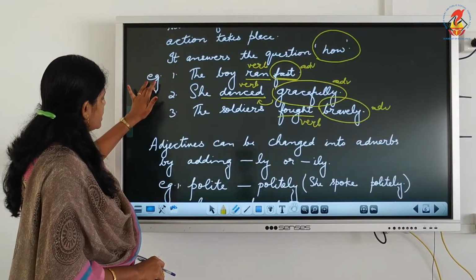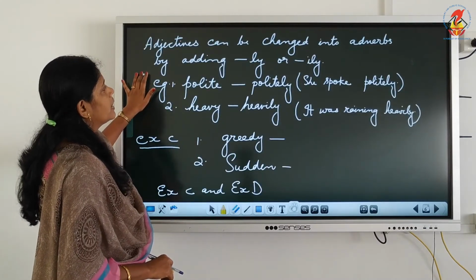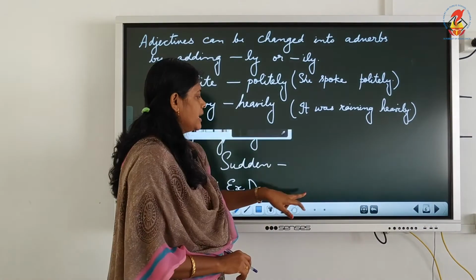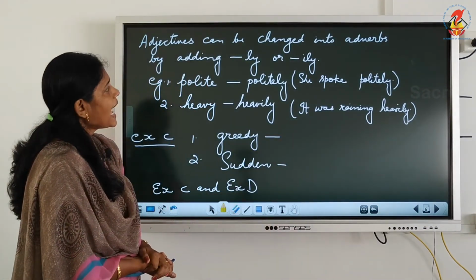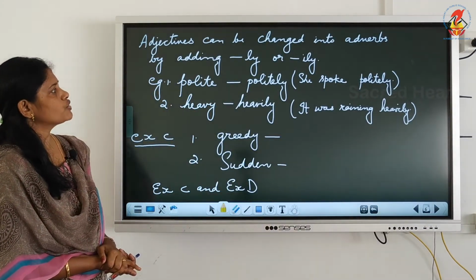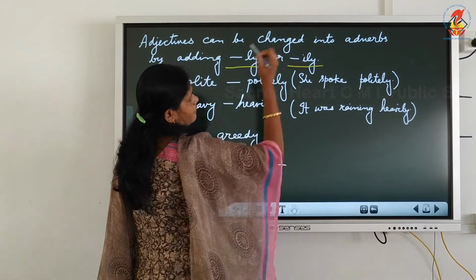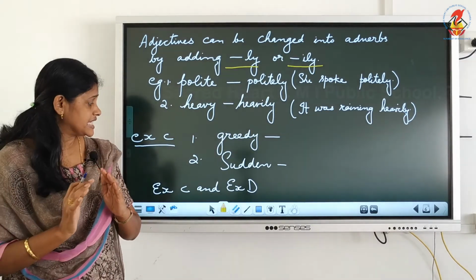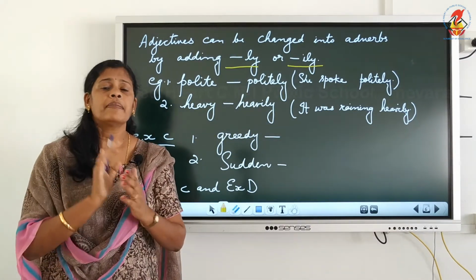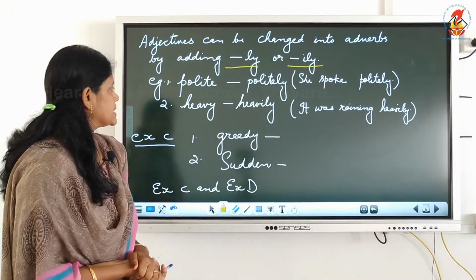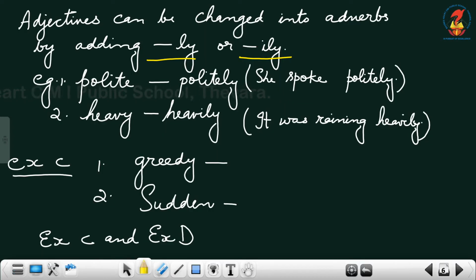Now children, here in adverbs of manner, the adjectives can be changed into adverbs by adding ly or ily. You can change an adjective into an adverb by adding ly or ily. Let's see. So if it is heavy, it becomes heavily. If it is polite, it becomes politely.